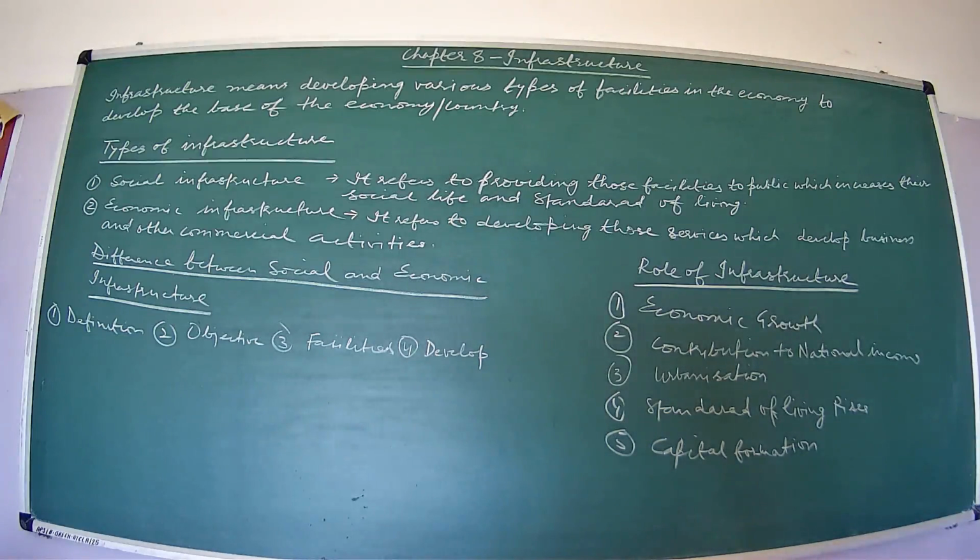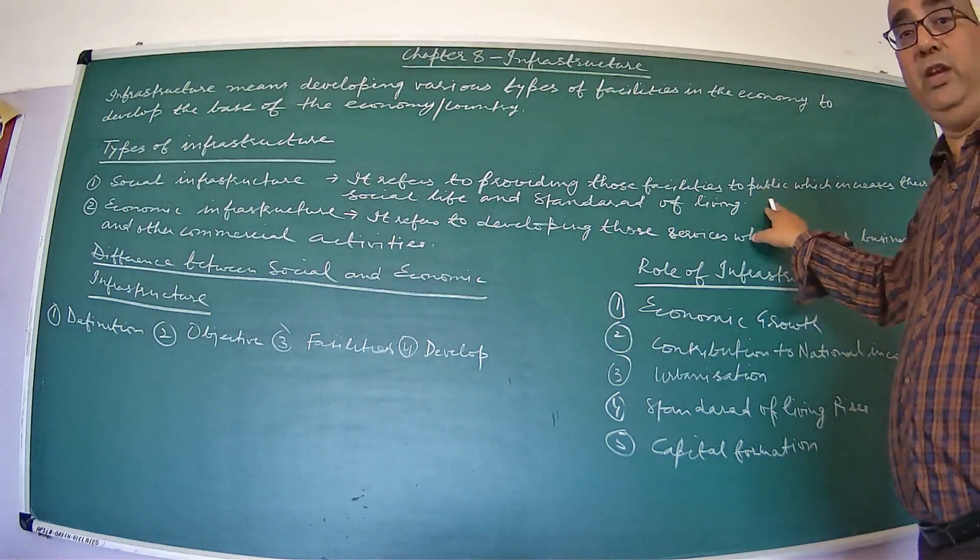Generally there are two types of infrastructure. First is social infrastructure. It refers to providing those facilities to the public which enable them to increase their standard of living, right, or increase their social life and social values.